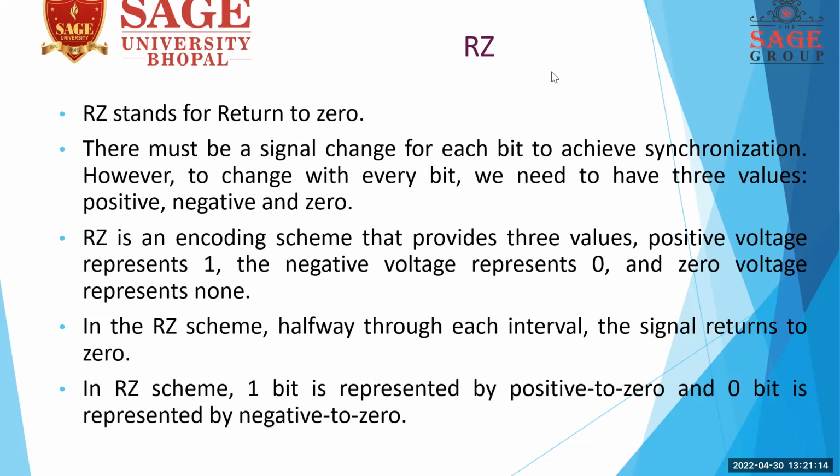RZ is an encoding scheme that provides three values: positive voltage represents 1, negative voltage represents 0, and zero voltage represents none. In the RZ scheme, halfway through each interval, the signal returns to 0. A 1 bit is represented by positive to 0, and a 0 bit is represented by negative to 0.